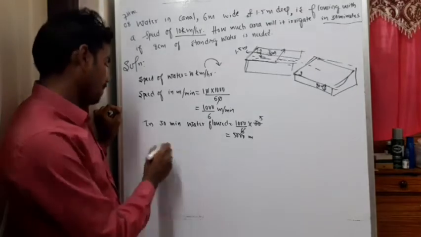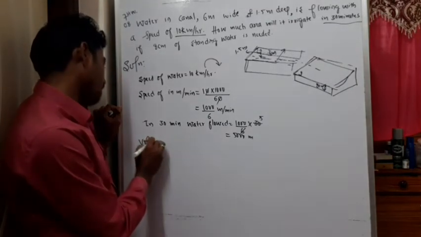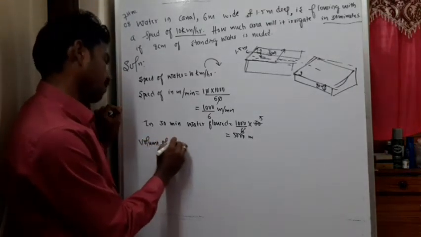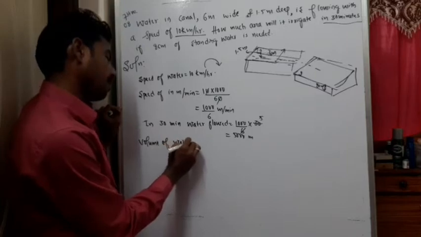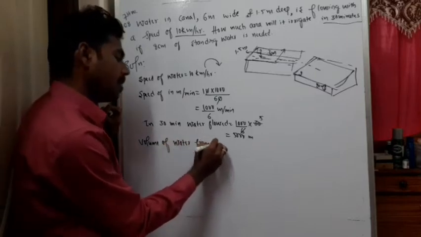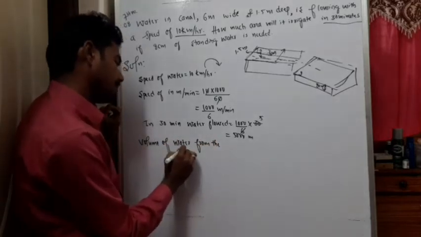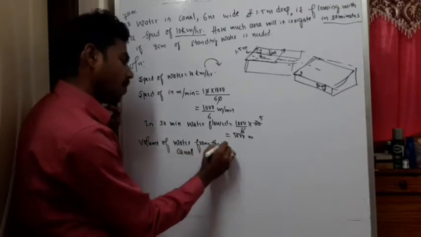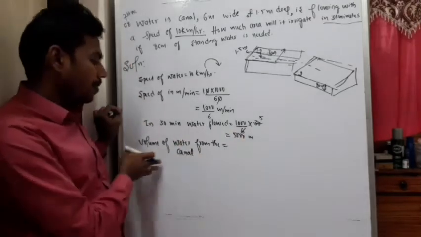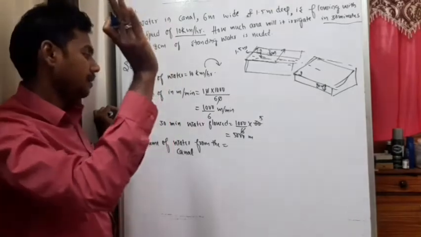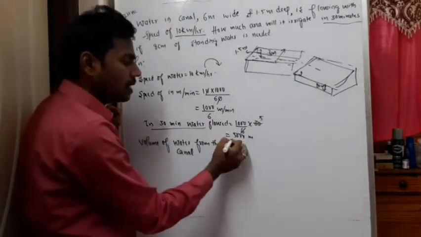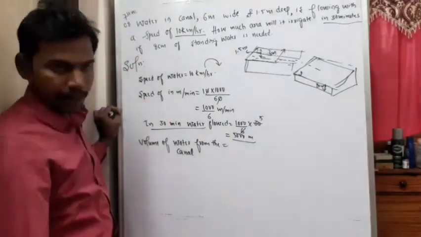Now, volume of water from the canal. So in 30 minutes, how much water is flowing? 5000 meter of water is flowing.